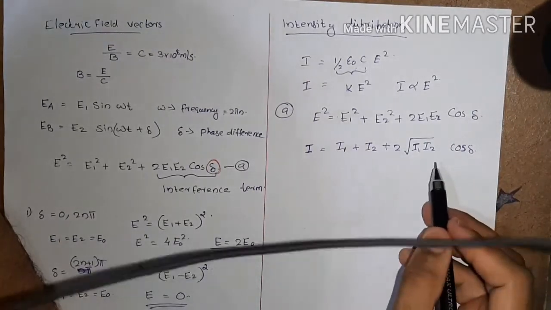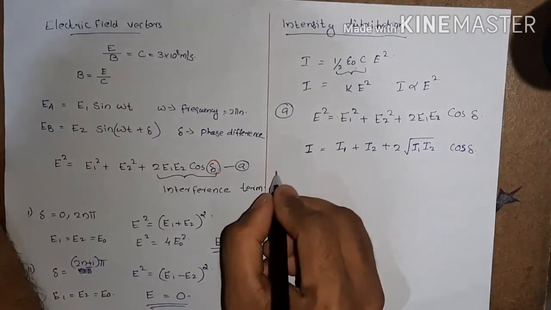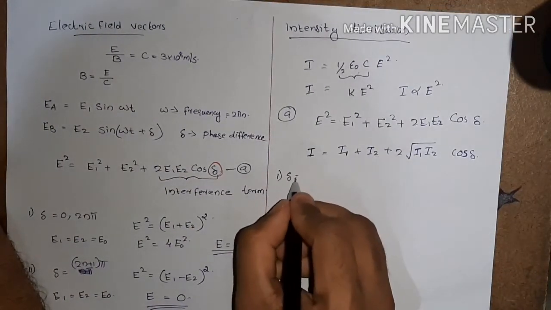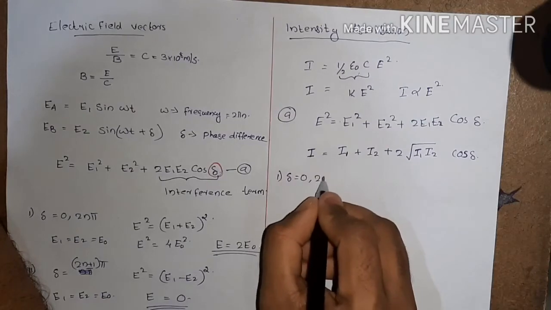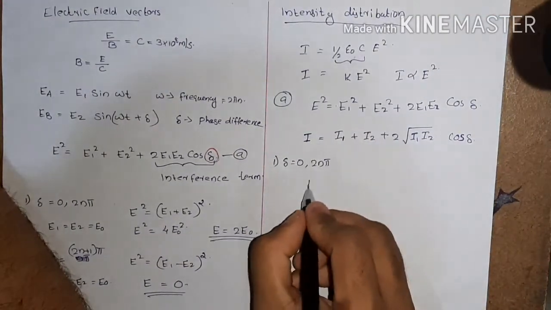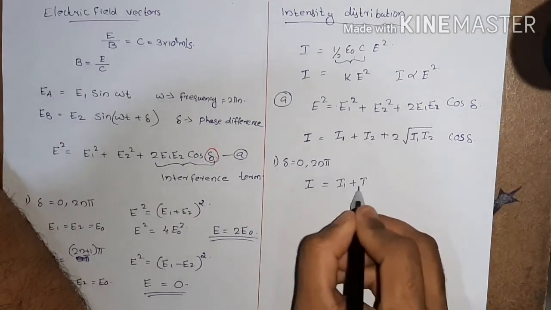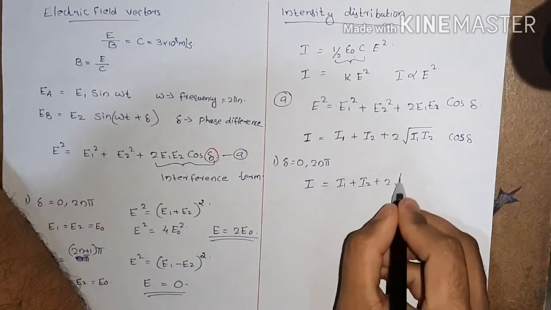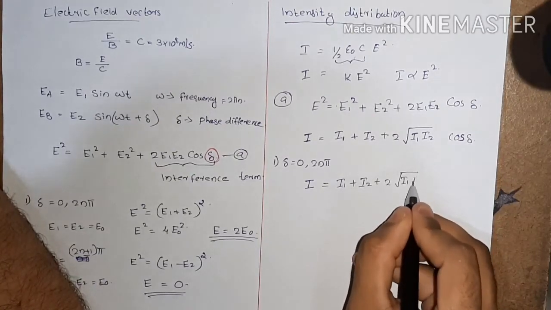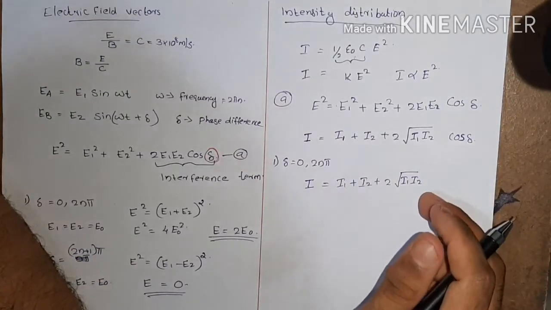Now let us take the previous conditions, delta equal to 0 or 2n pi. In this condition, the resultant intensity I will be equal to I1 plus I2 plus 2 root of I1 I2, since cos 0 is 1, so cos delta is 1.